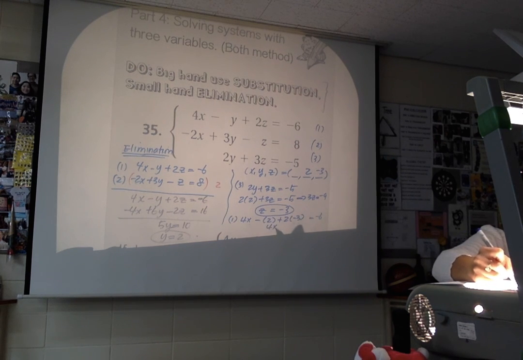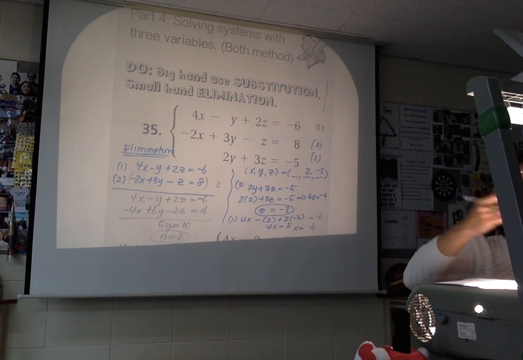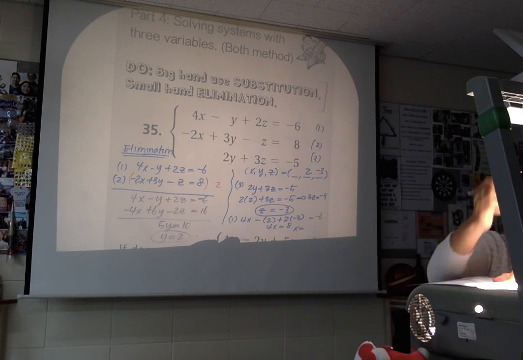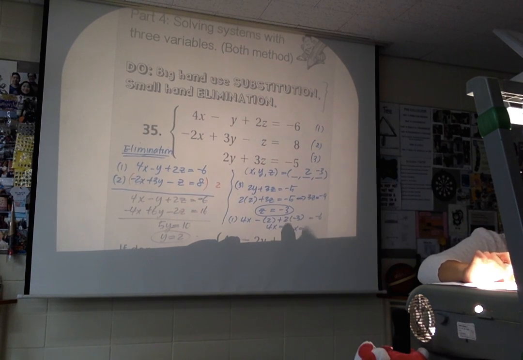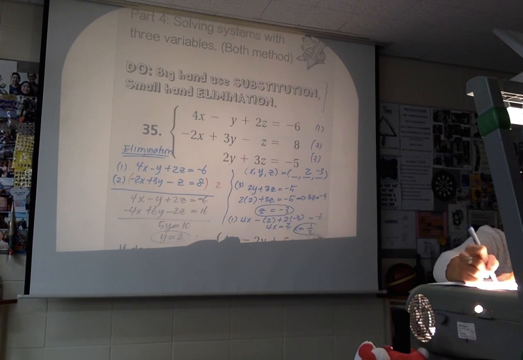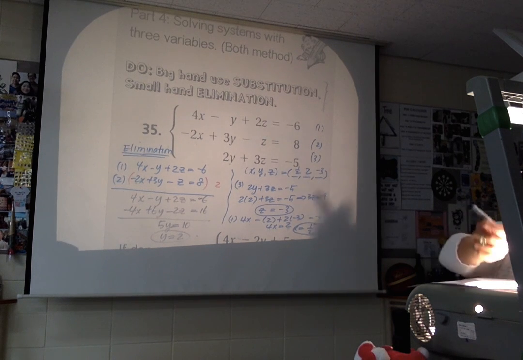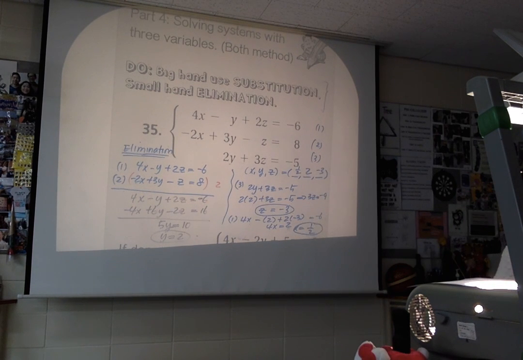So it's going to go 4x is equal to 8. So x must be half. Oh, x must be 2, I'm sorry. Negative, oh, no, this is actually 2, right? That's negative 8 plus 2, so it's going to be 2. So x is equal to half. So half goes here.